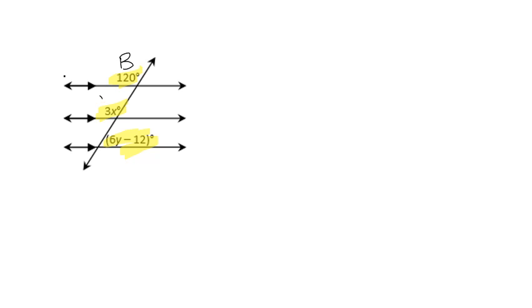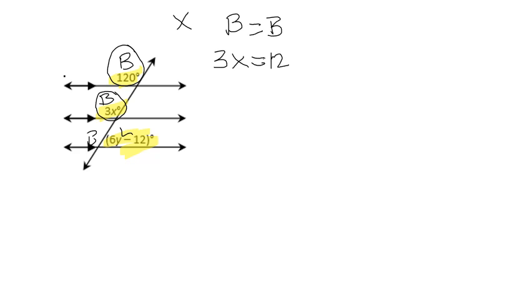So this is a B, this is a B, so that makes that a no. So what we're going to end up doing is having to do the same thing we've done in the other problems, where we've set up an equation for x using the 3x and the 120, B equals B. X is easy to solve for here, but you can always use your Desmos calculator. And then we're going to solve for our y variable with a separate equation.